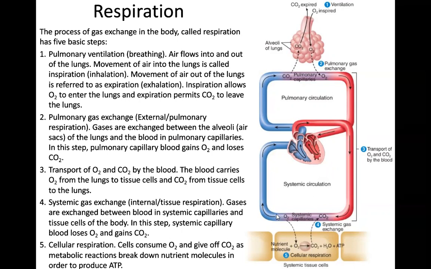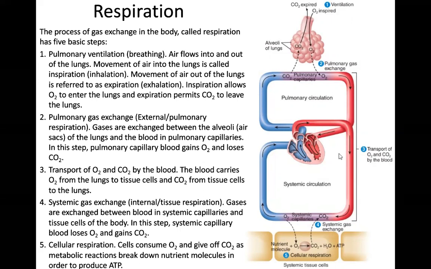CO2 can be picked up by our blood from the tissues and then be transported back to the lungs to be exhaled out. To help with this, our blood has various chemicals, one of which we talked quite a bit about in our blood lecture, hemoglobin, but it is not the only thing that allows for the transport of oxygen and carbon dioxide, as we'll find out later in the lecture.